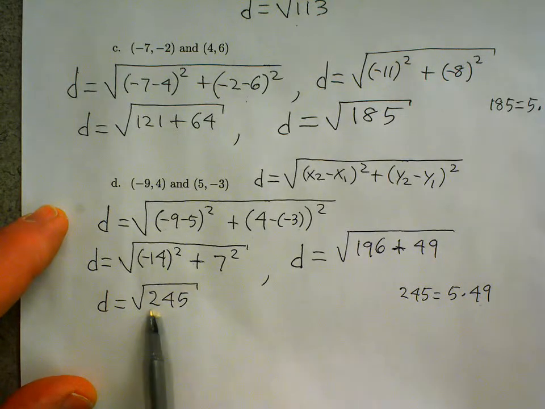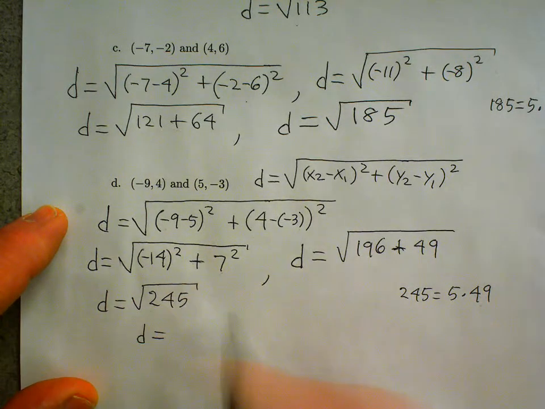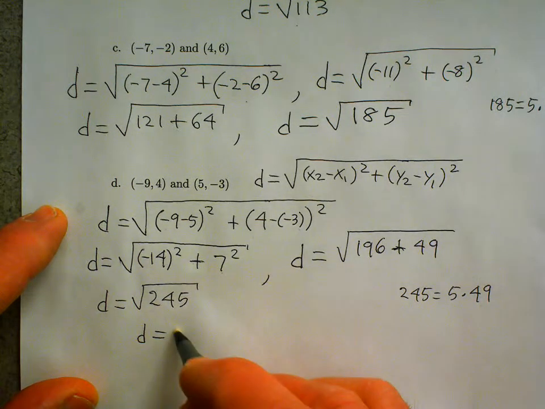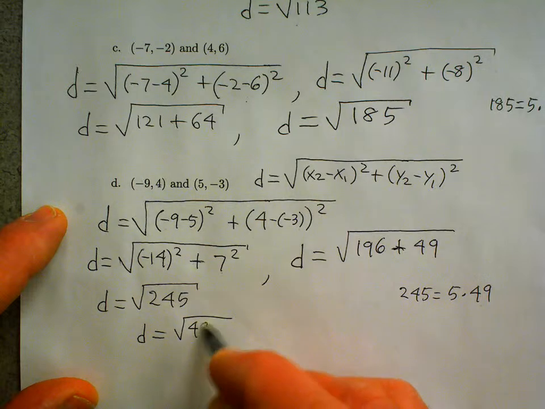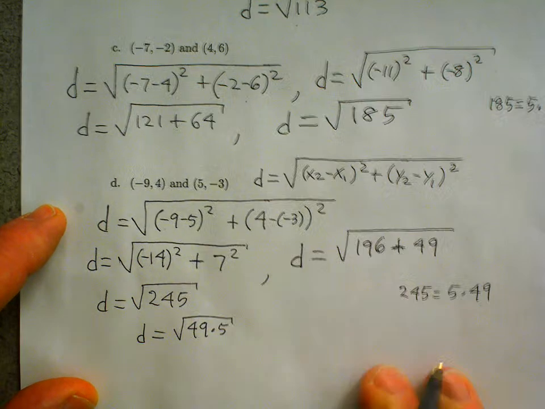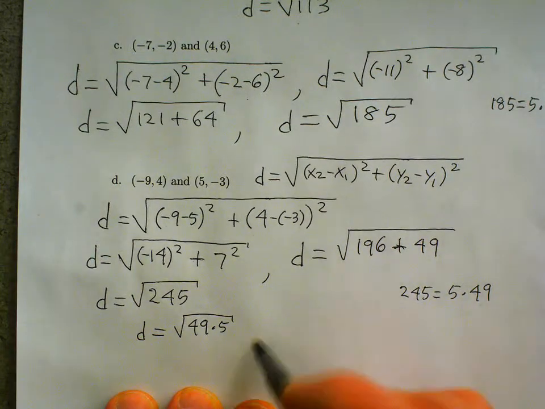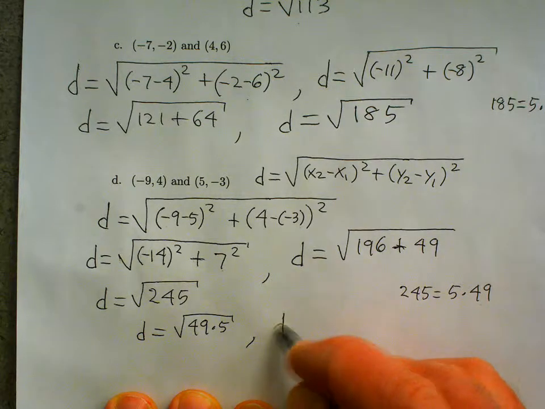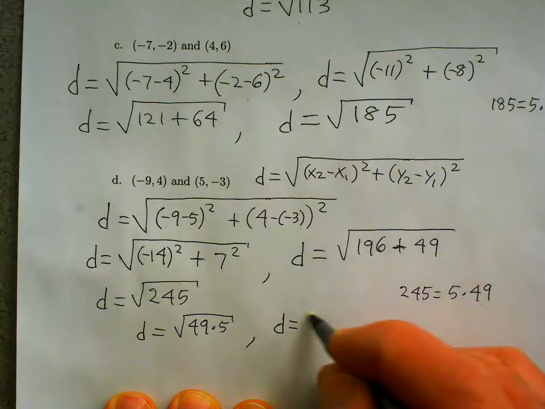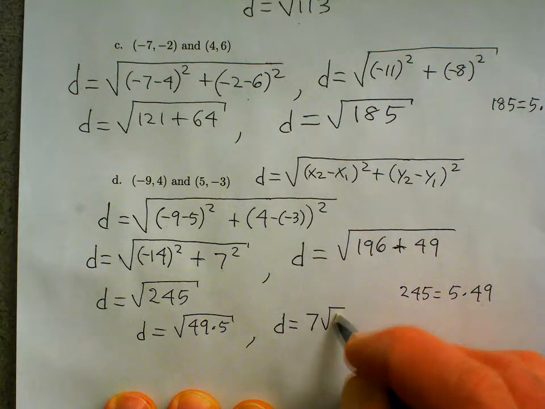So rewrite the square root of 245 as the square root of 49 times 5. And then the square root of 49 is 7. So the distance this time is 7 times the square root of 5.